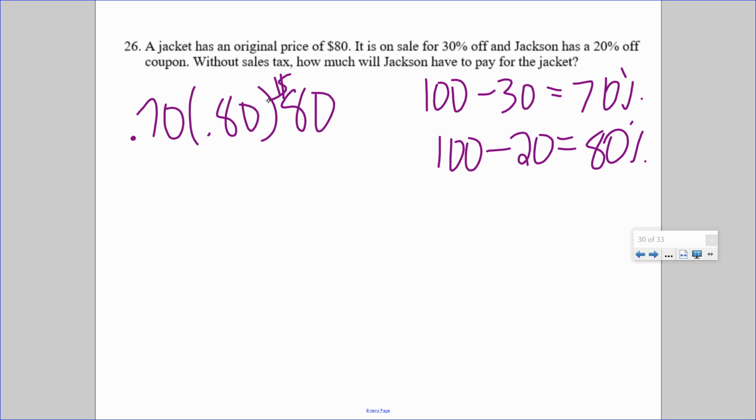So if it's decreasing by 30%, you're subtracting that from 100. Same thing if it's decreasing by 20%, you're subtracting that from 100 as well. So from here, you put that into your calculator: 0.7 times 0.8 times 80 is 44.80. Again, if you have multiple percents or fractions, you're just multiplying them all together.